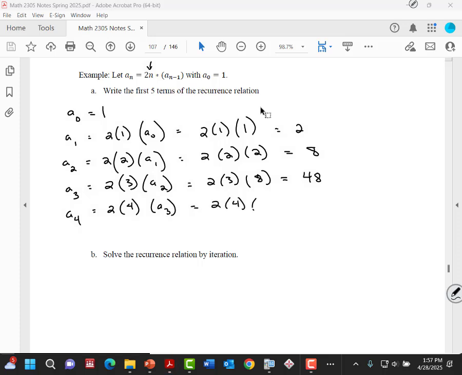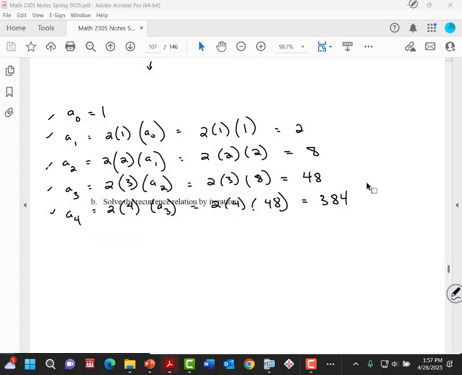That's 2 times 4 times 48 to give 384. So this would be the first 1, 2, 3, 4, 5 terms in my relation. Now, we wish to solve this recurrence relation by iteration. So I'm going to scroll down and erase this right here so we can begin to solve this through iteration.